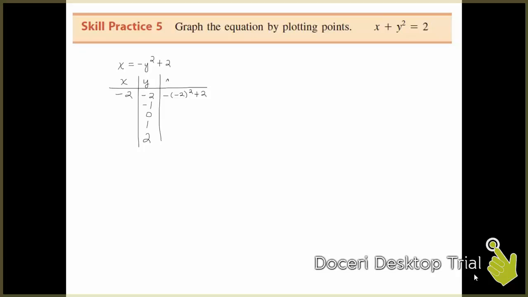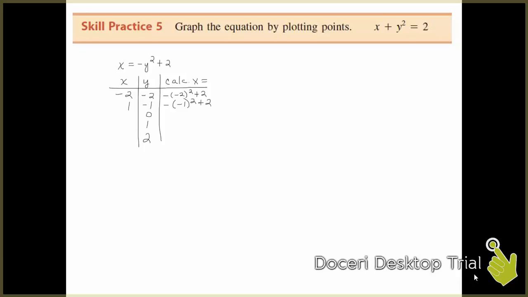So we'll do our calculation here. Then we have negative 1 squared plus 2. So negative 1 squared is 1, make it negative. Negative 1 plus 2 is 1.